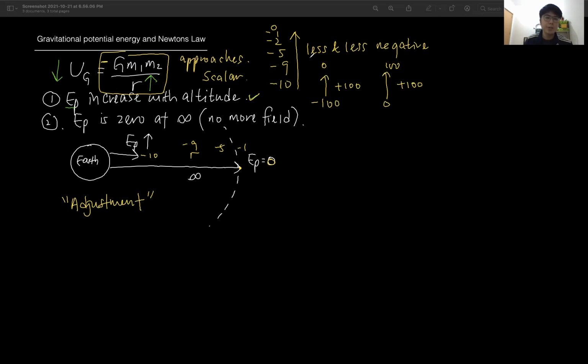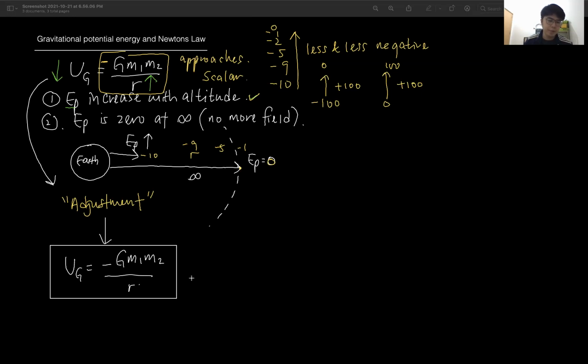So I can write my general equation of the gravitational potential energy as U_G equals minus G m1 m2 over R. And this becomes my GPE, like this.